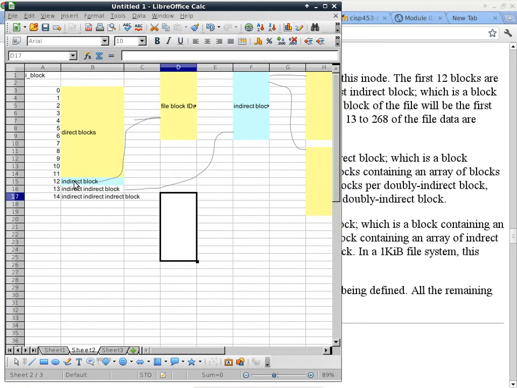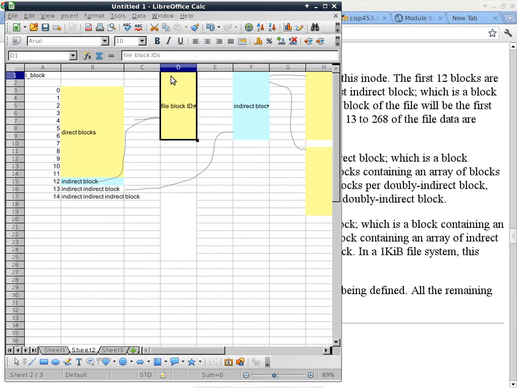Is it true that in column D, the top row, like row 1 of column D, would be the address of the next block of data for my file? That is correct. Yep. Okay. So in terms of the data blocks of your file, this is the first entry, second entry, third entry. This is the 12th entry.